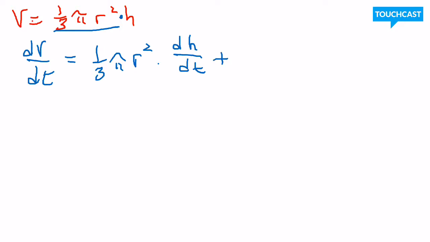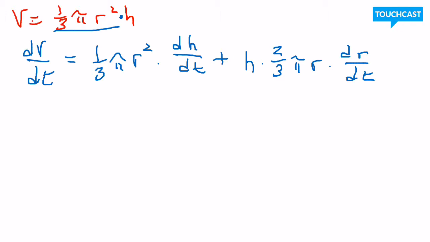Plus the second, that's h, times the derivative of the first. Well, I'm going to bring the 2 down from the front, and this is going to be 2/3 pi r to the first now, times dr/dt, because I was taking the derivative of an expression with respect to time, and the expression contained the variable r.